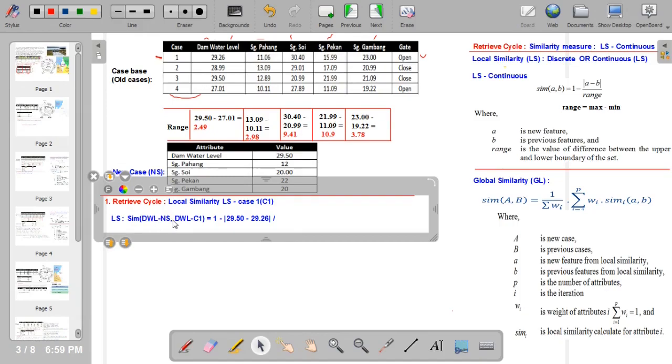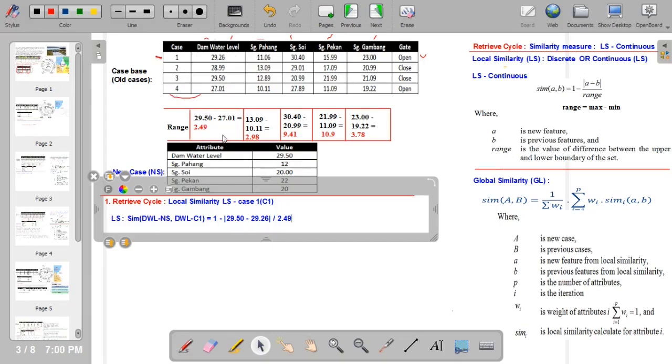The range that we already calculated is 2.49, so I'm going to write here 2.49, because this is the range for the water level attribute for all cases, not only for case 1.